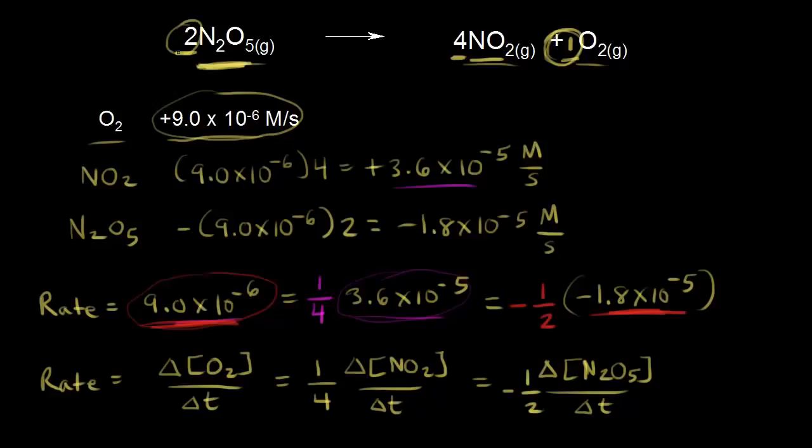Over here we had a 2 for dinitrogen pentoxide, and notice where the 2 goes here for expressing our rate. For nitrogen dioxide, we had a 4 for our coefficient, so the 4 goes in here. And for oxygen over here, let's use green, we had a 1. So I could have written 1/1 just to show you the pattern of how to express your rate.